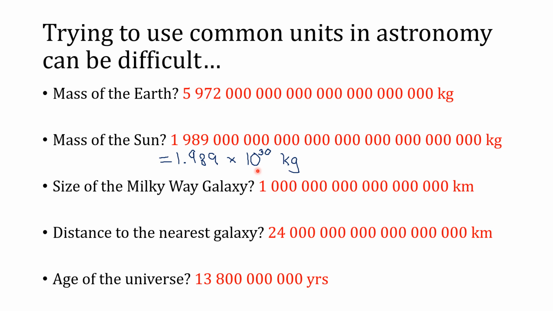So for the mass of the sun, I just memorized that it's 1.989 times 10 to the 30 kilograms, and I never have to write out the long form or count out all those digits. I just write that down whenever I need it, and then I use exponent rules to work with that number when I need to.